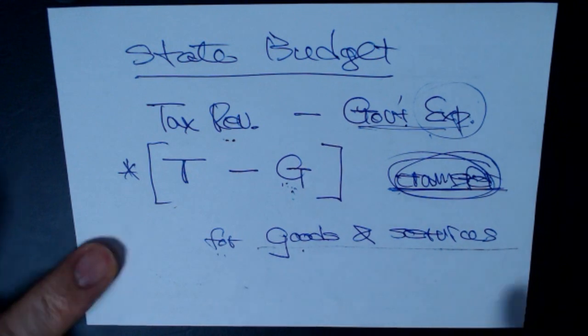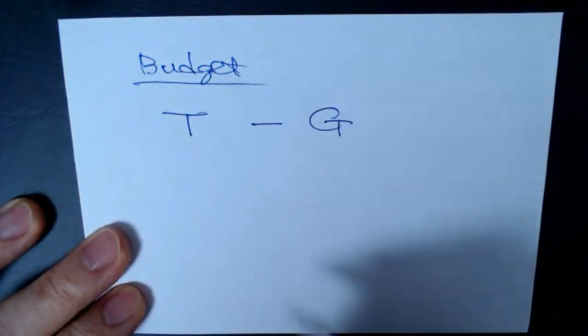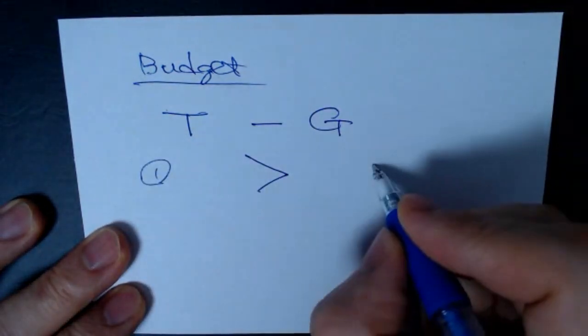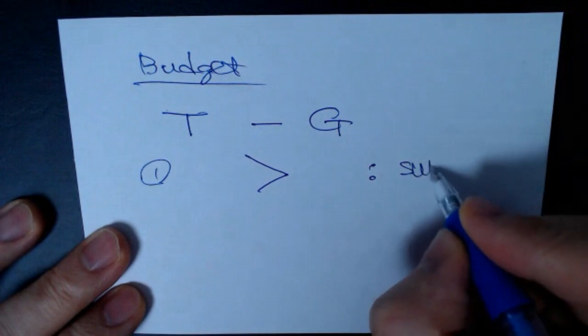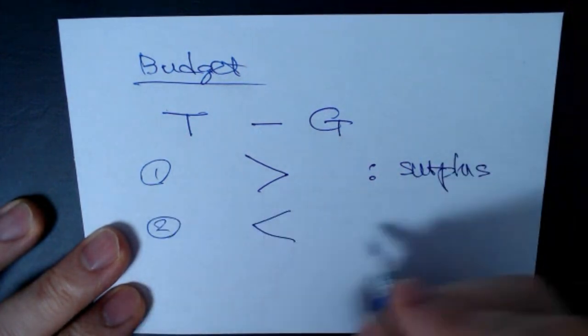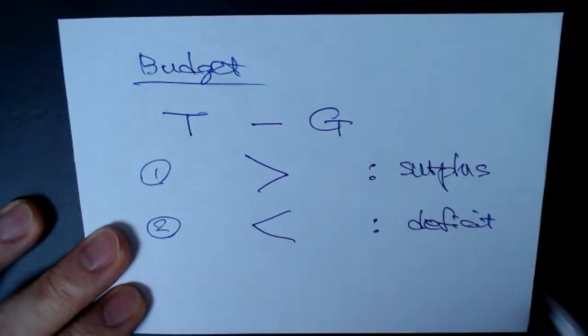Okay, and now let's talk about this. So we have the budget: revenue minus spending. If this situation happens, it equals budget surplus, and if this situation happens, it equals budget deficit. Right?